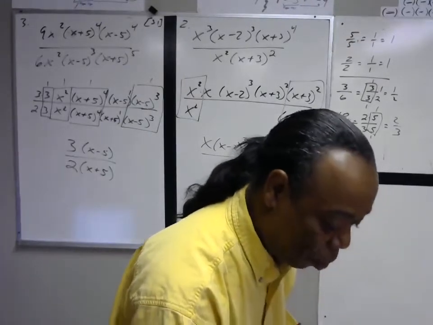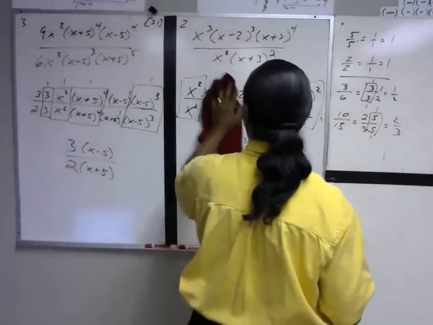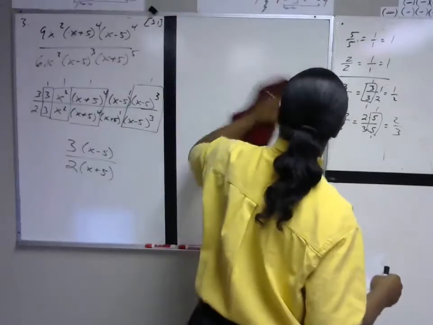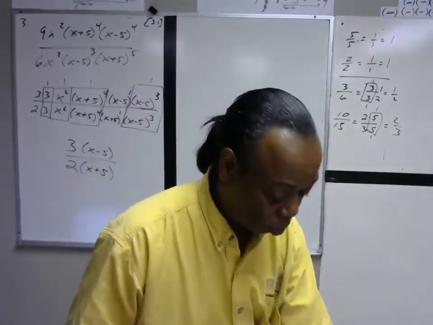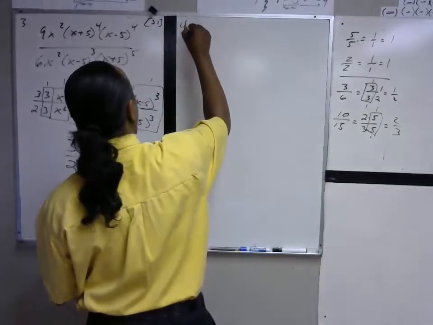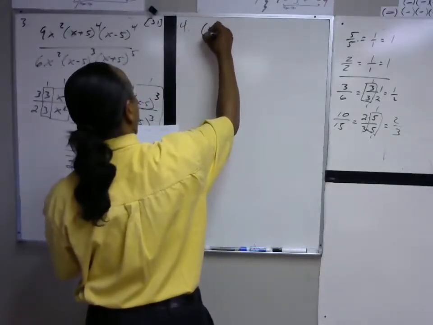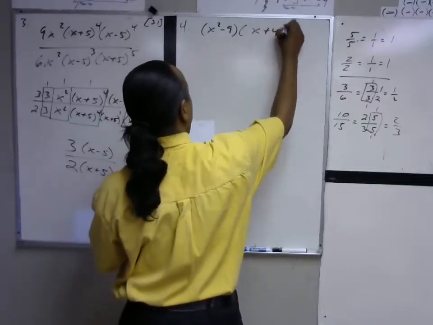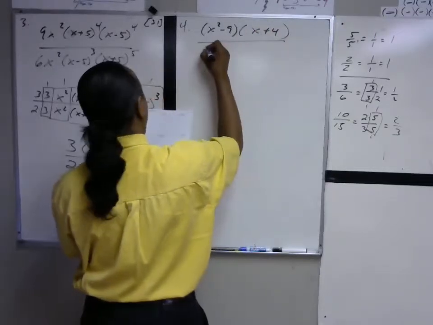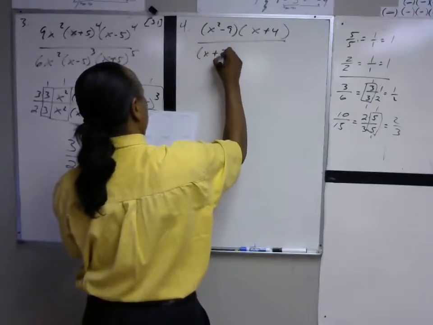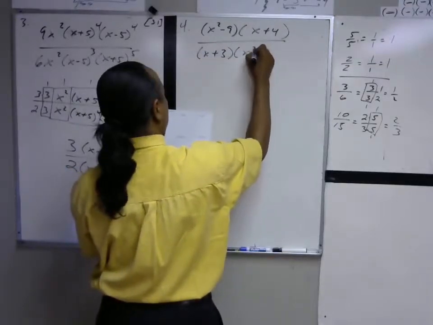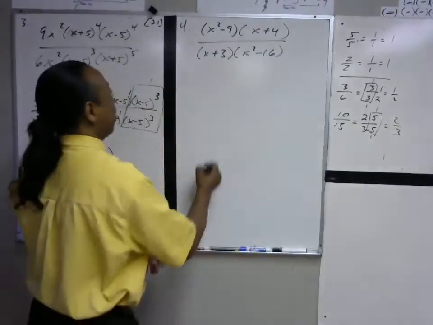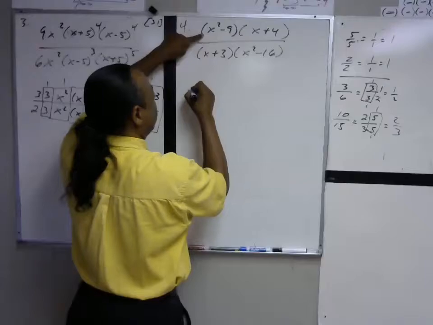Okay, let's take a look at number 4. Now what we have here is a difference of 2 squares.